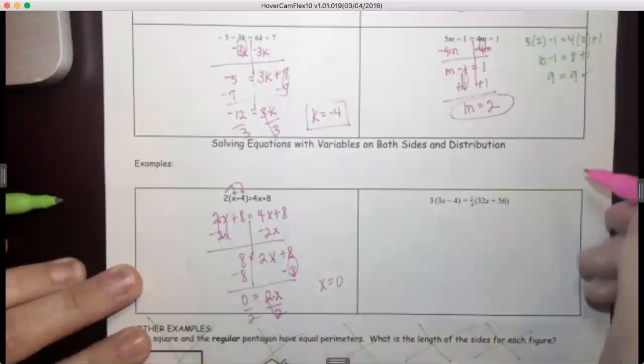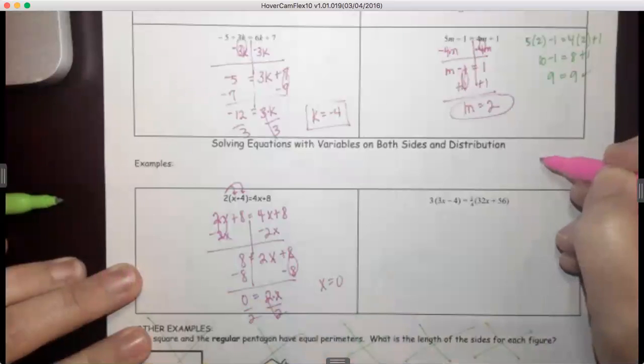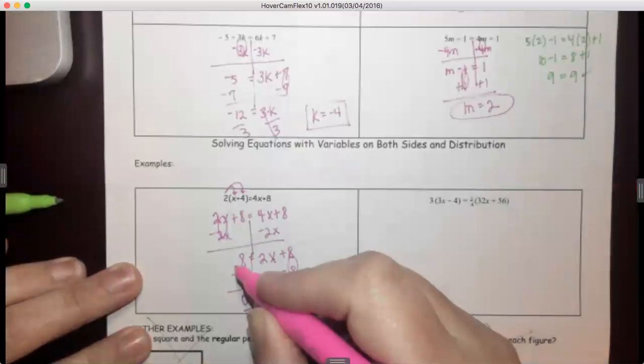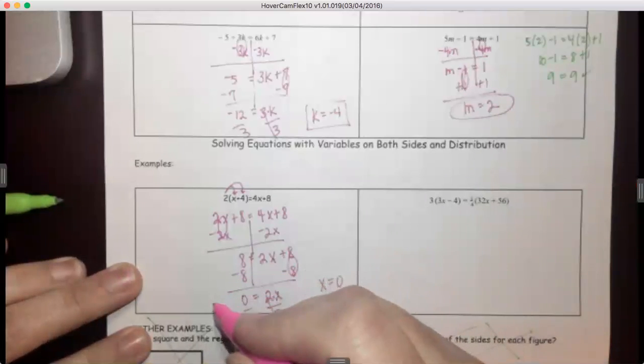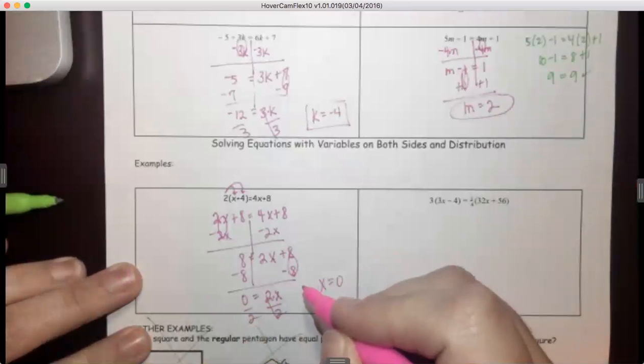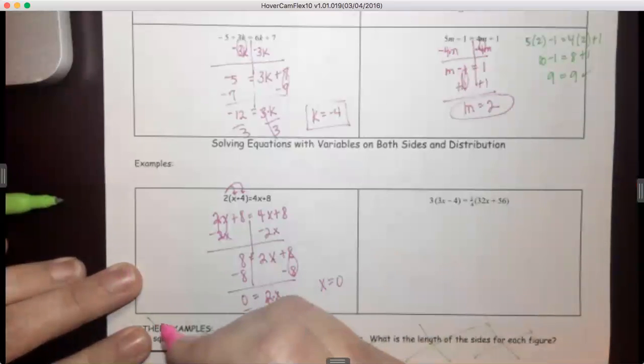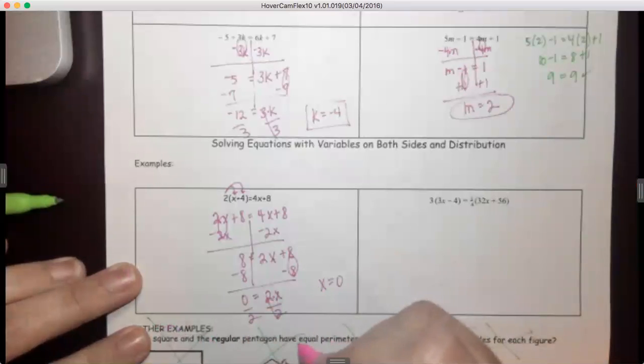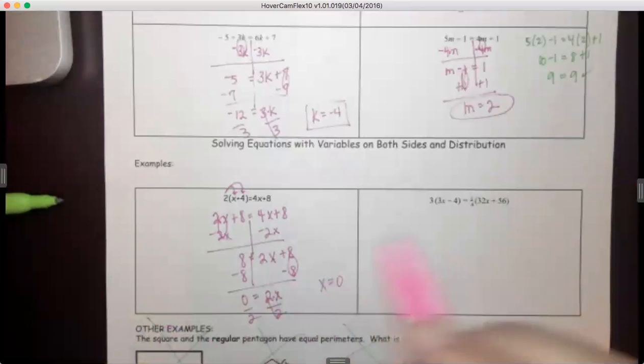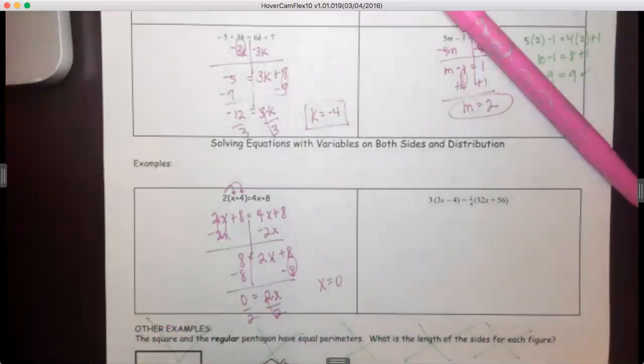So right now, our steps are to distribute, and then move the variable, and then move the constant, and then divide by the coefficient in front of the variable, and we get an answer.